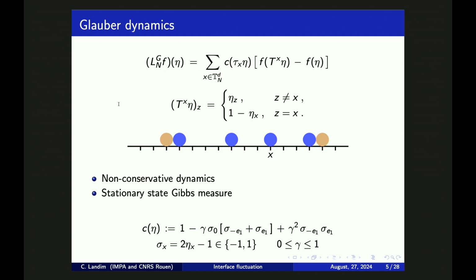So it means that if the signs are the same, you change the sign of that particle at a rate which is smaller than if they differ. While if they have different signs, you get a minus gamma squared, and this is 0. So 1 minus gamma squared if minus e1 and e1 have different signs.